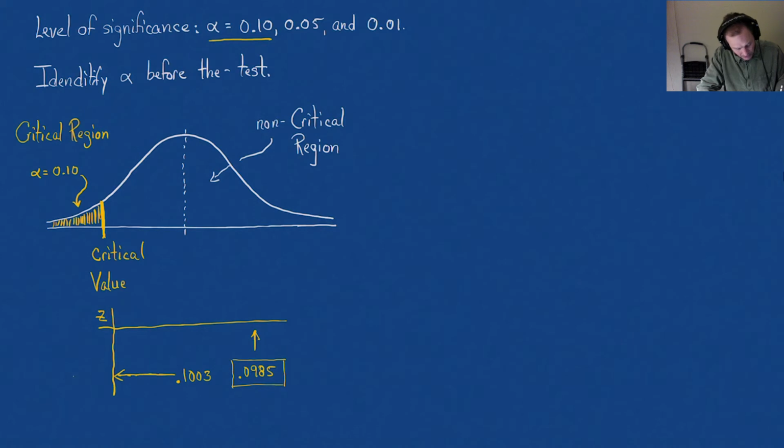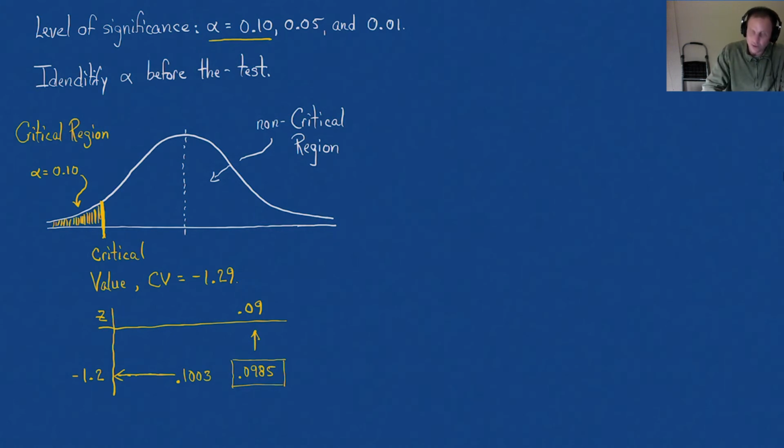On the left, I have a negative 1.2, and on the top, I have 0.09. So my critical value, which is often just abbreviated CV, in this case is negative 1.29. Okay? Negative 1.29.